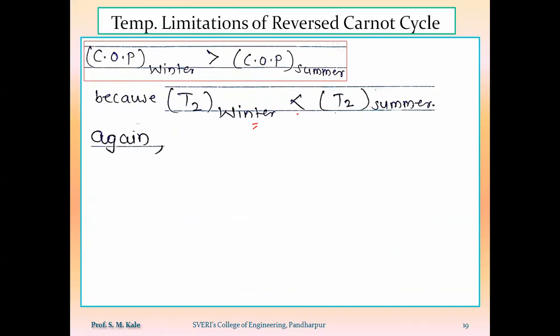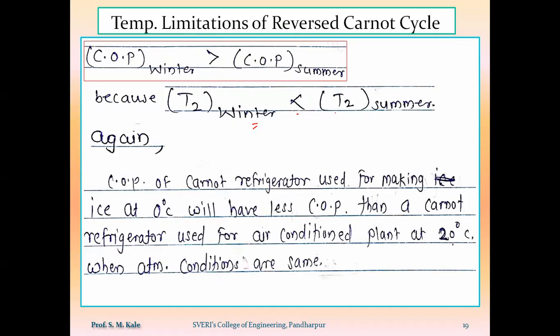Take another example. If we use a refrigerator for making ice at 0 degree centigrade, and in another application we use the refrigerator for an air conditioning plant in which we maintain the conditioned air at 20 degree centigrade, the surrounding temperature is the same.